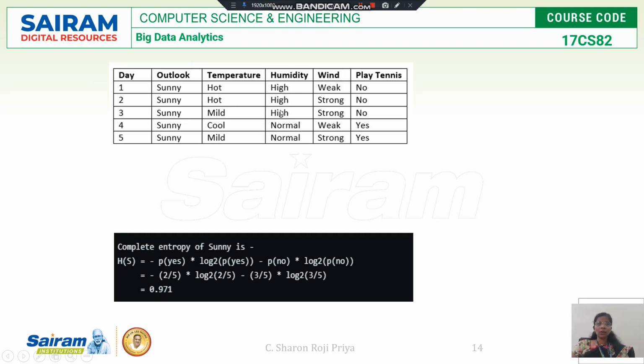You check this high. All three highs are no, negative samples, and both the normal are positive samples. If you take the categorical value high, all high, it is negative. It is not a combination of positive and negative. So I got a clear-cut idea: when humidity is high, I am not going to play my tennis.